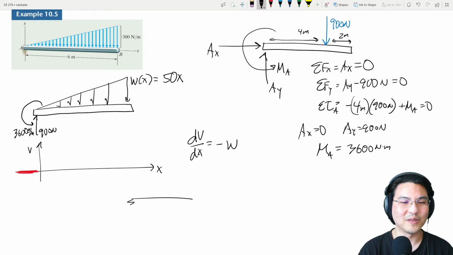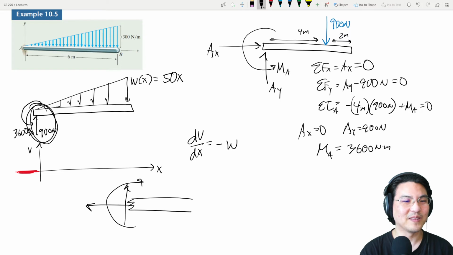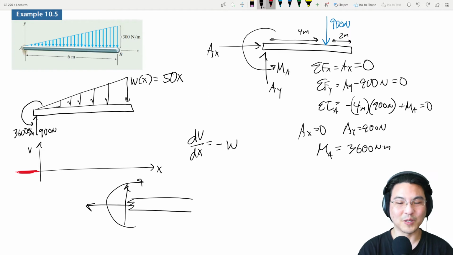Is upwards positive or negative? If we're cutting the beam this way, it exposes the axial force, shear, and bending moment. So upwards would be positive. That means suddenly we encounter this 900 Newton shear, which is positive, so it goes upwards over here, where this is 900.